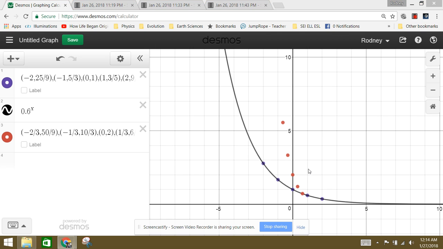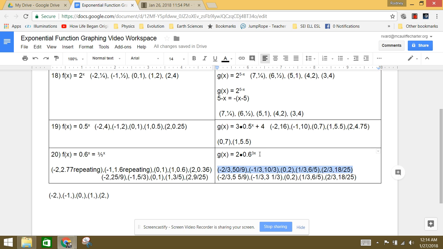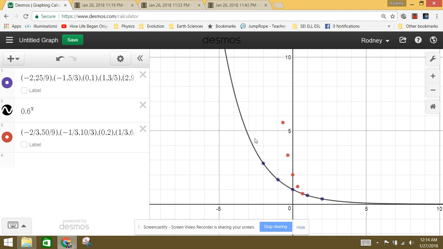That's because of this 3x thing, which made all my x values become 3 times as close to the y-axis. This times 2 stuff, though, caused all of them to double their distance between each other.